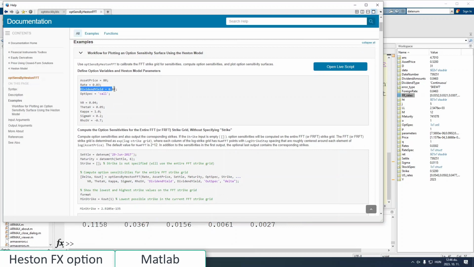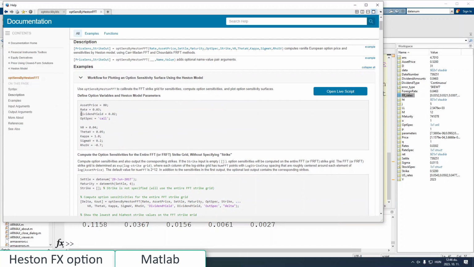Yeah, this is what I'm looking for. So in this case, the foreign currency will be defined by the dividend yield.